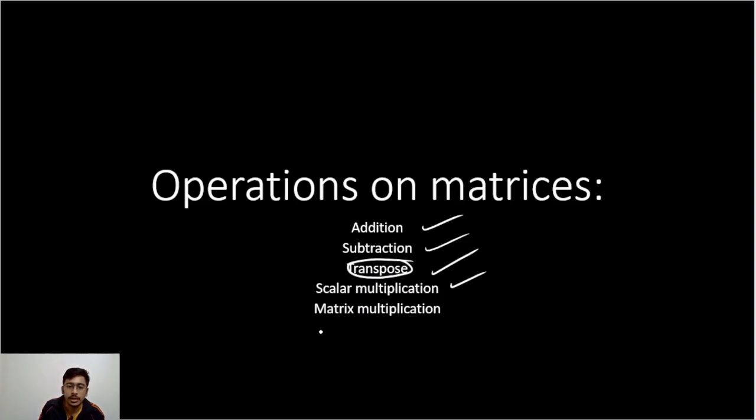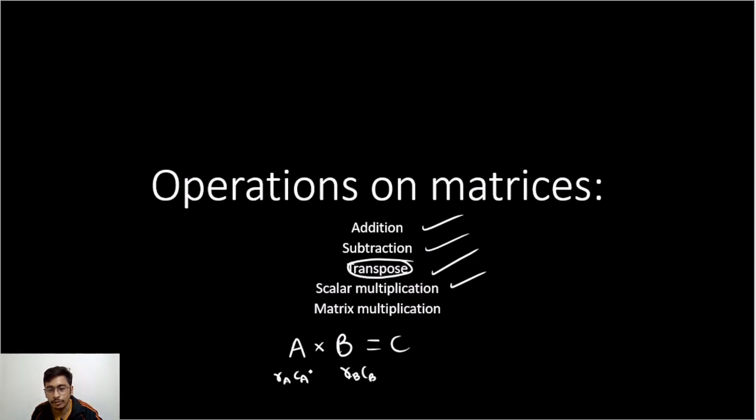The important thing while multiplying matrices is, let's say I'm multiplying A matrix with B to give me a C matrix. Let's say RA and CA is the order of the first matrix, and I have RB and CB.